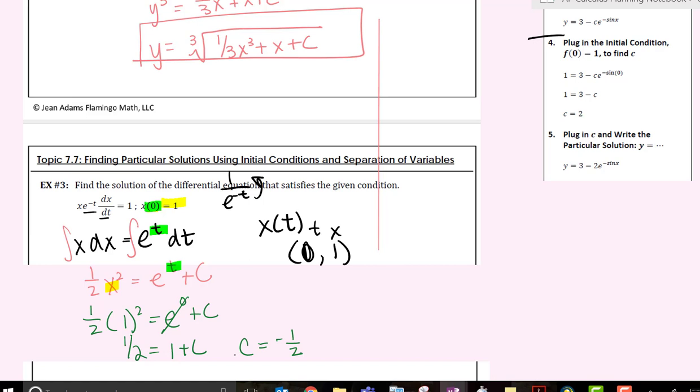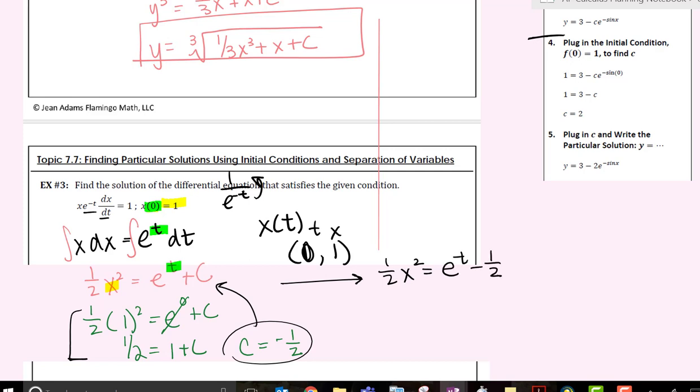So after I get my c value, I'm going to go back and put that c value back in, because now that I have a value for c, it's going to be a little bit easier to solve for x. Now that I've solved for c, I have 1/2 x squared equals e to the t minus 1/2.